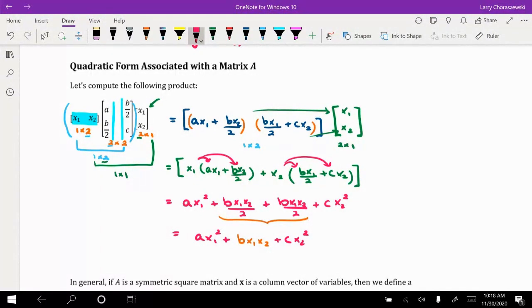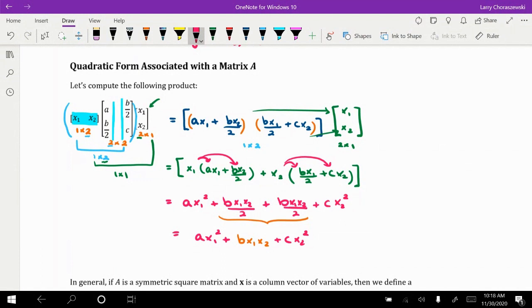And this is definitely one of those types of quadratic form equations. Okay, every term involved here has a degree of 2. So that's a result of the special format of this multiplication that we started out with.